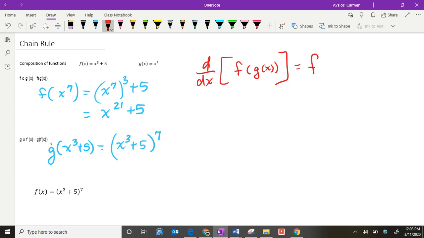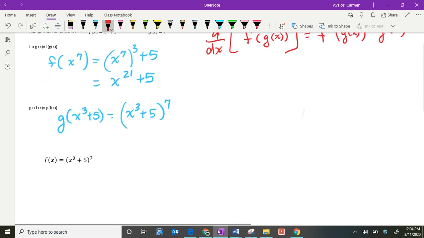So we're taking the derivative of f, and we're leaving the inside function alone. And then we are going to chain on, this is why it's called the chain rule, through multiplication the derivative of the inside. So it's going to be the derivative of g of x. That's the official definition of the chain rule: derivative of the outside, leave the inside alone, chain on the derivative of the inside function.